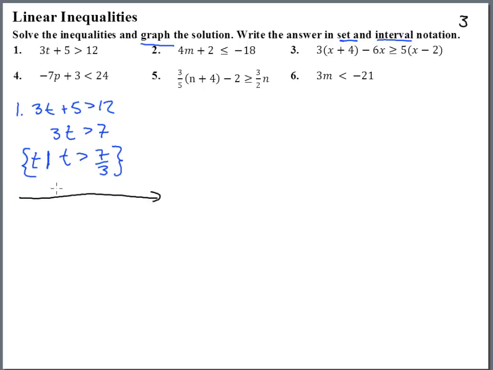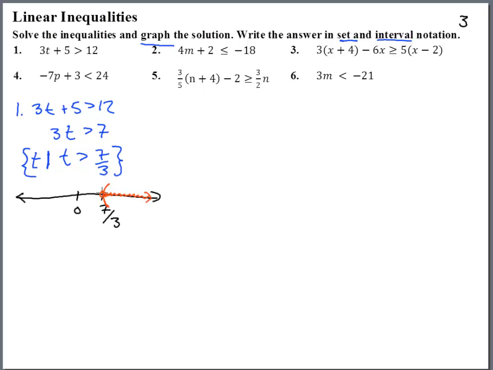and it looks like this. Let's mark 0, and I'm going to mark 7/3, somewhere around there. And we have that t is greater than 7/3. Now, in beginning algebra classes, you'll often learn that an open circle will tell you how to mark the number that isn't the solution. We're going to step it up and use this open-ended parenthesis, and then we are bigger than 7/3, and go like that.